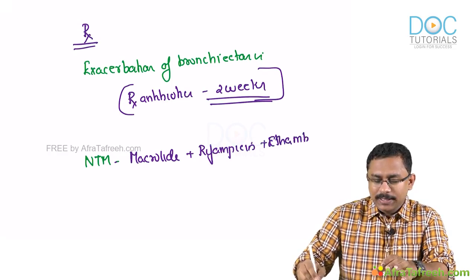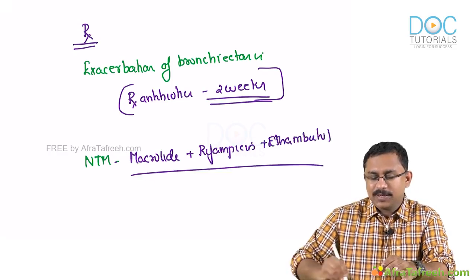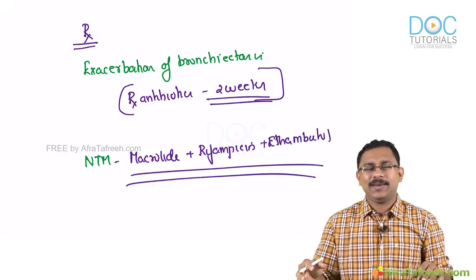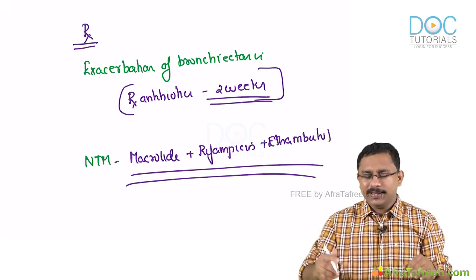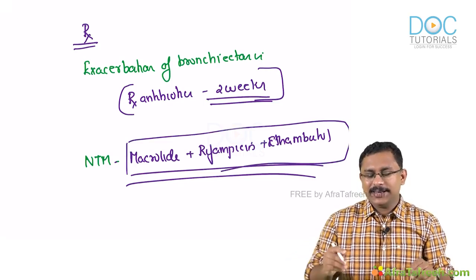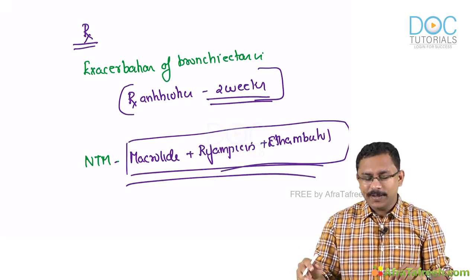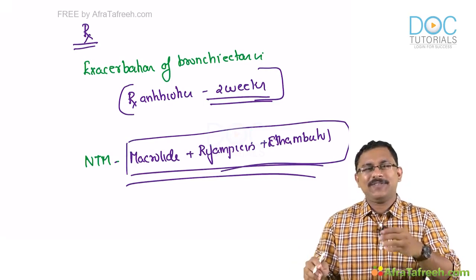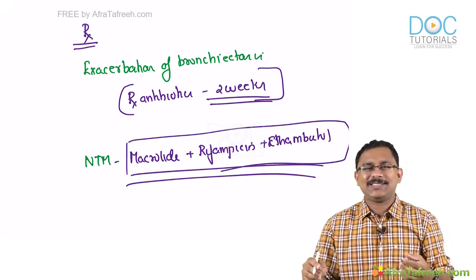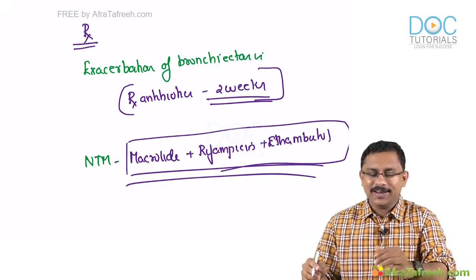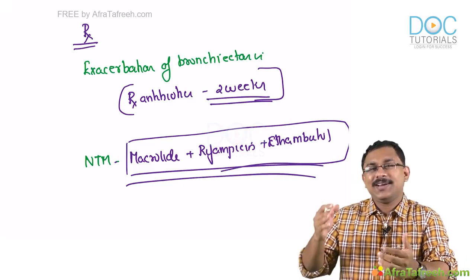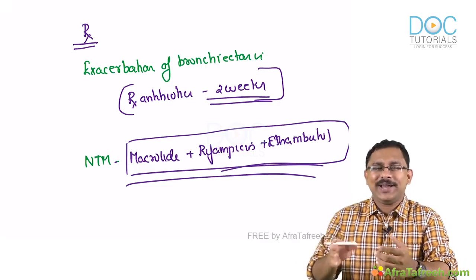So always the combination of all these drugs is what is recommended. You can go for 2, but the combination of all these drugs is recommended for non-tuberculous mycobacteria. Now suppose you have started the patient on say some empirical antibiotic and you have found that this patient has got a newly diagnosed Pseudomonas infection.